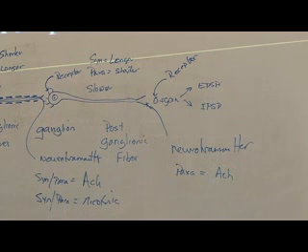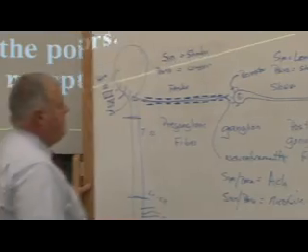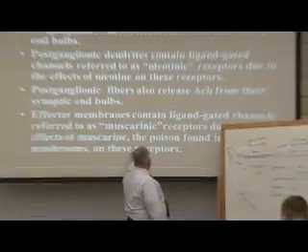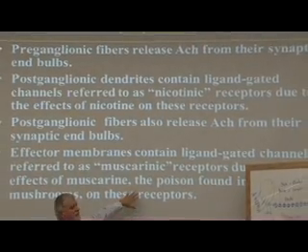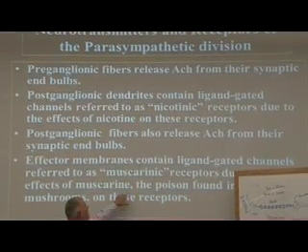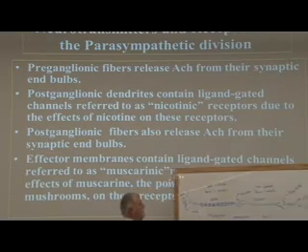So the take-home message is the neurotransmitter of the parasympathetic branch of the autonomic nervous system is acetylcholine, right? So that's easy because it's both places. So what we end up with is a different receptor, and it's actually named from the poison found in poisonous mushrooms, which is called muscarine, and so they're called muscarinic receptors. Right.